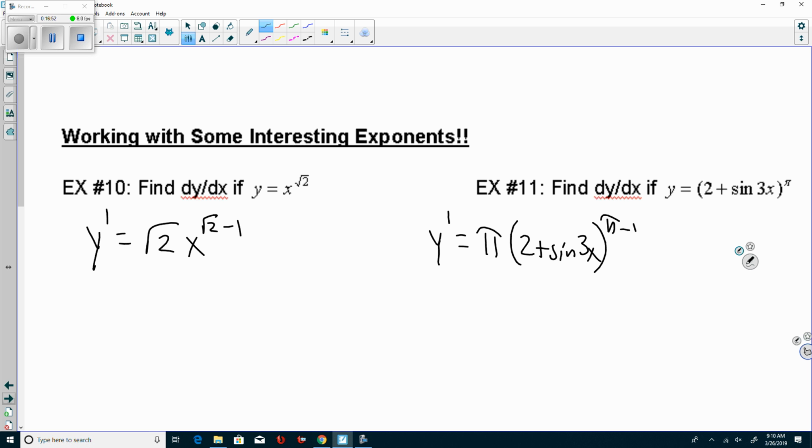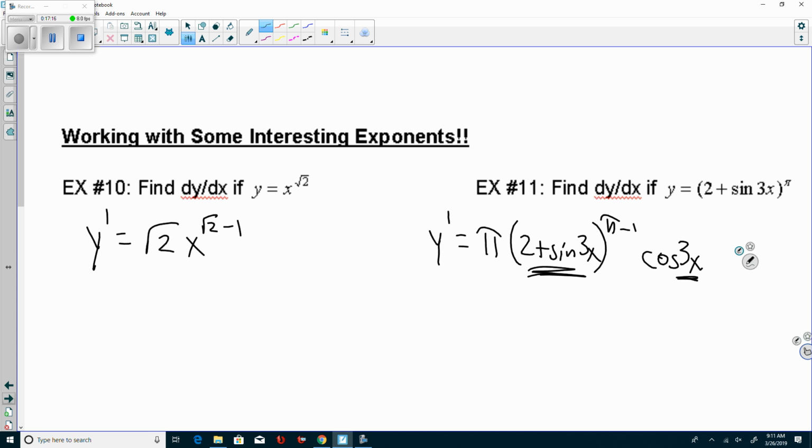Pi minus 1. And then you have to chain it. So we have to find the derivative of that. So the derivative of 2 is 0, gone. Then remember, it's a multiple chain because the sine of 3x, that is cosine 3x, right?